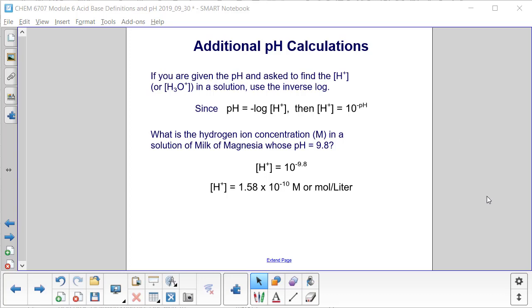So what is the hydrogen ion concentration in moles per liter in a solution of milk of magnesia whose pH is 9.8? The hydrogen ion concentration equals 10 to the minus pH value, or 10 to the power of minus 9.8, which is 1.58 times 10 to the minus 10 molar.